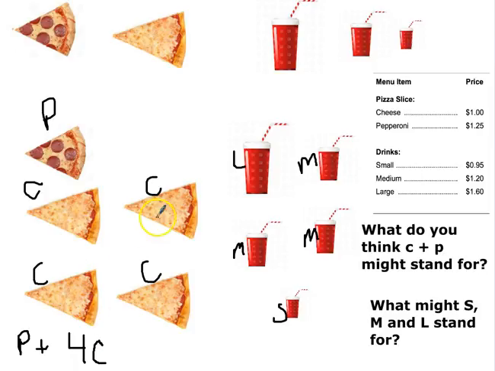You have 4 cheese pizza slices. There's your coefficient. There's the variable. I only have one pepperoni, so I only have the variable. But since it's only one, I could put a 1 here. Mathematicians don't like having to write the 1. They assume if there's only one variable, then you only have one item.